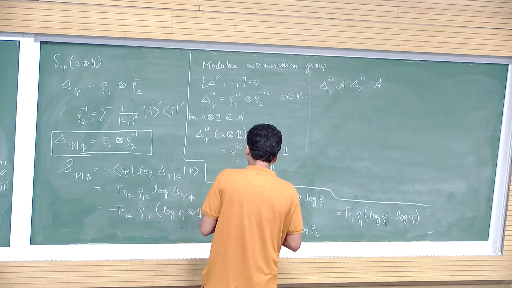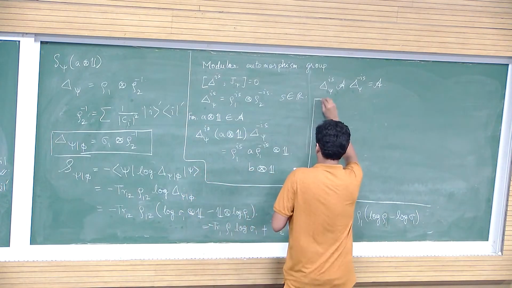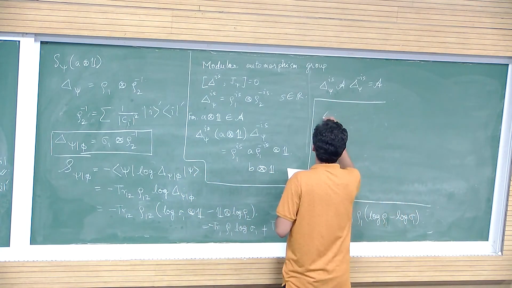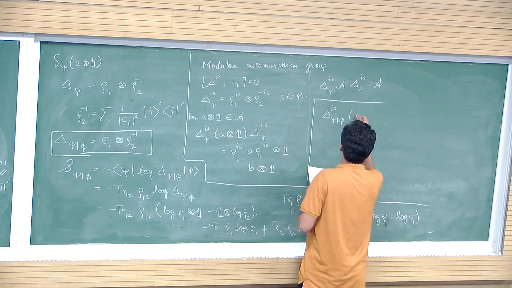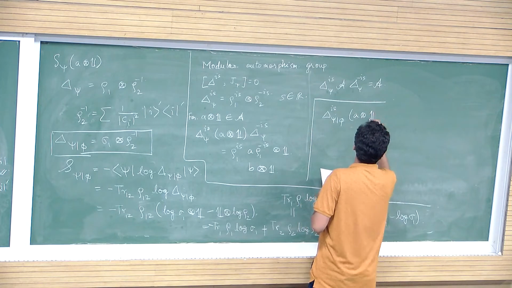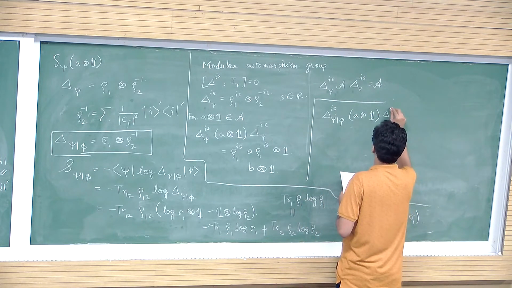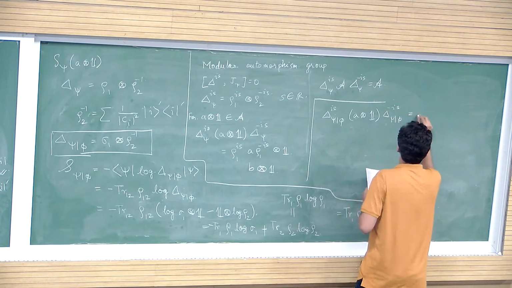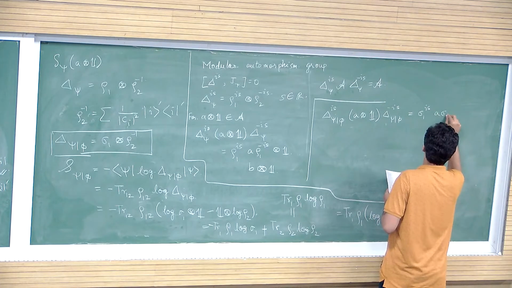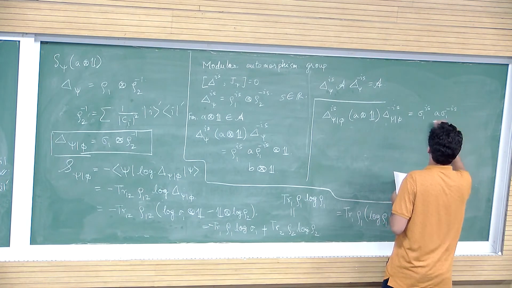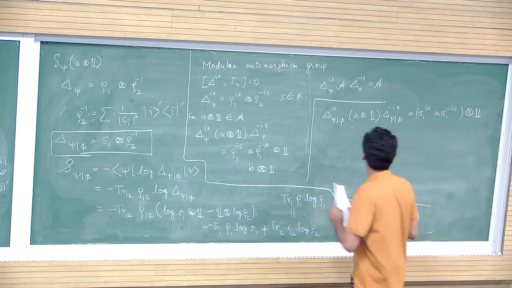So for the relative modular group though, we see something nice, which is that if you consider this object, this turns out to be this.